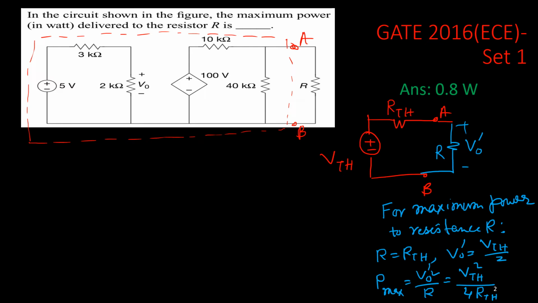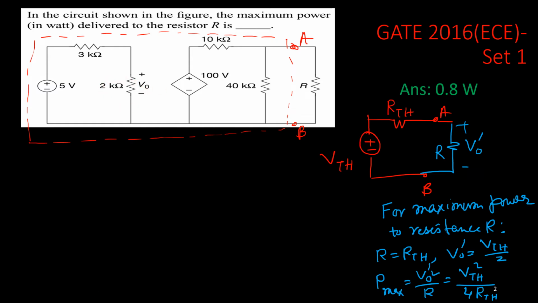So what is the V naught? It is simply a potential divider circuit. If I consider this single loop, 5 volt source, 3 kilo ohm and 2 kilo ohm are connected in series. So voltage across 2 kilo ohm is simply a potential divider.